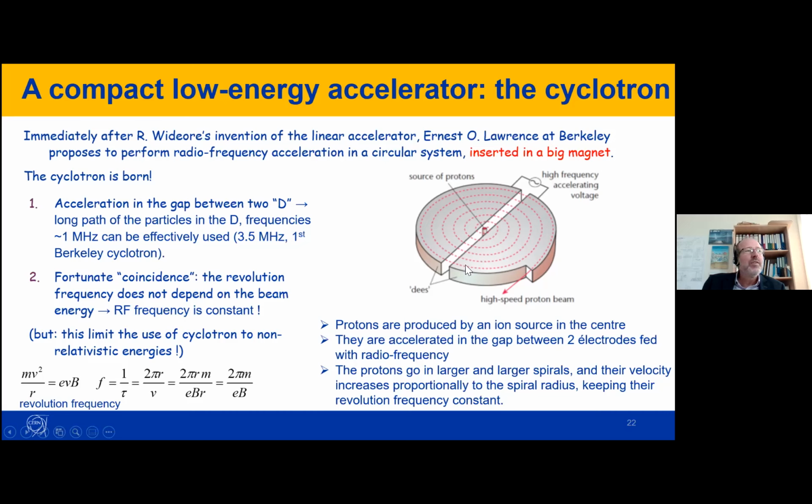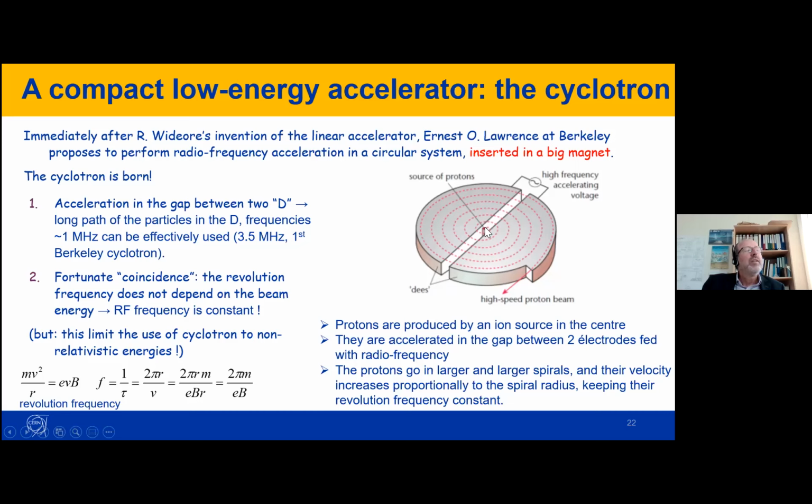He had an idea: instead of using tubes like we have seen before, he took half disks. This is like a tube, and you have a time-variable, high frequency generator voltage between the two half circles, the two disks, and in between you have the beam. All this is closed inside a big magnet, so that you have a vertical magnetic field that will force the particles to go in circles.